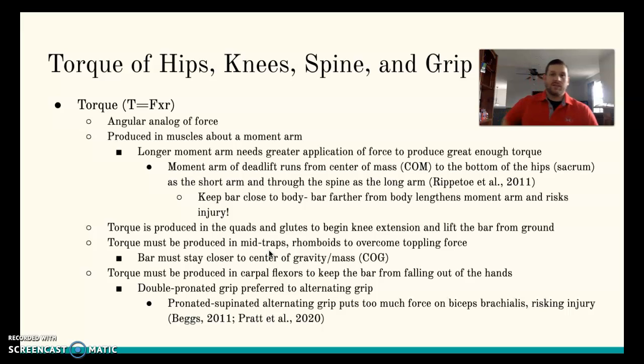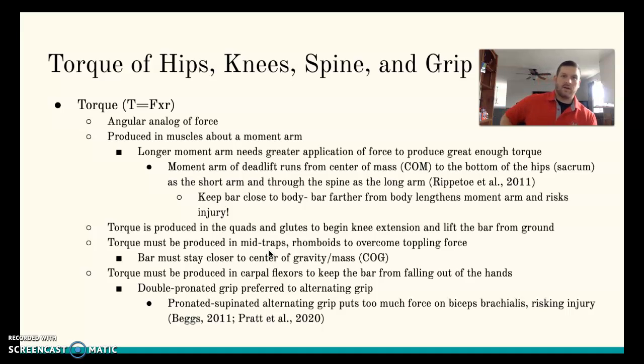So like I said, our axis is at the hip, and then our radius is however far that implement, that bar, is acting through, perpendicular to the axis.